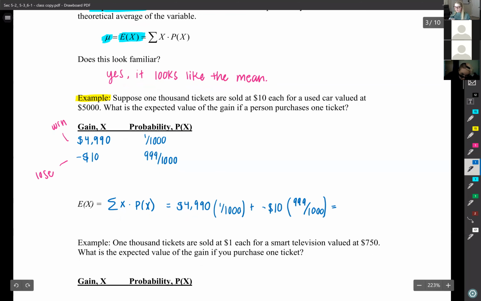Well, if I plug this into my calculator, let's see what we get. Okay, so this gives me an answer of negative $5.